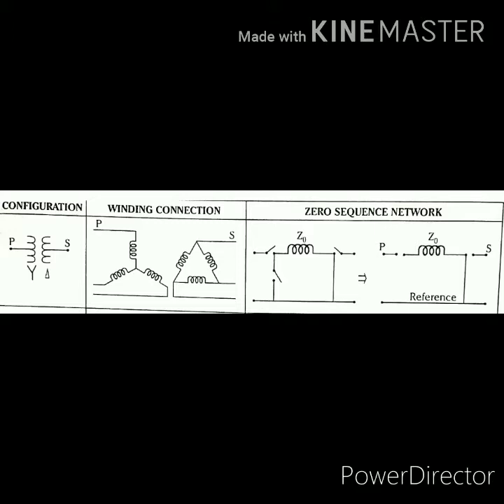Now the secondary side is delta. So when it is delta, you have to close the shunt switch and open the series switch. So you can see the final diagram. When there is an open switch on the shunt side, you can avoid that. It has to be connected to a common reference.